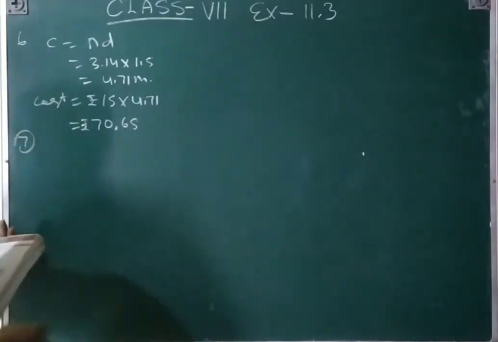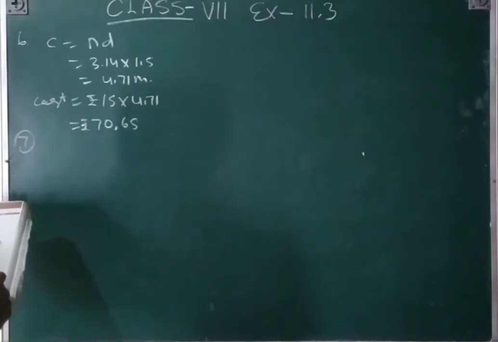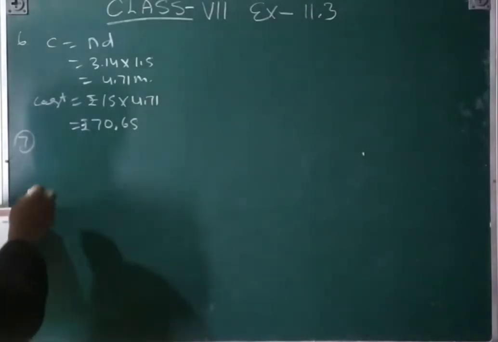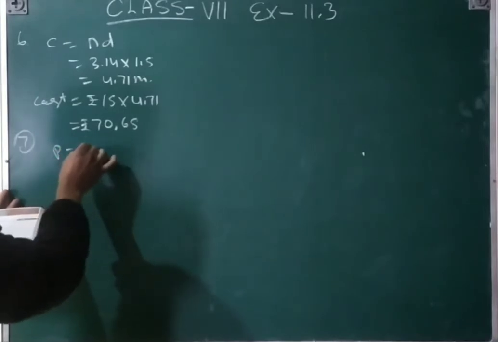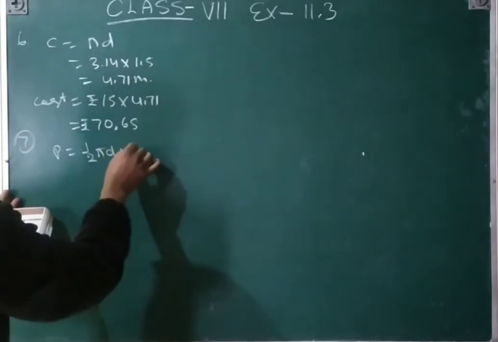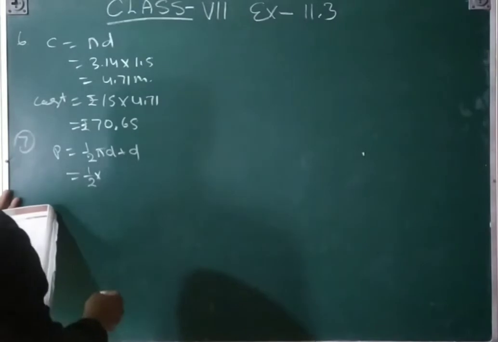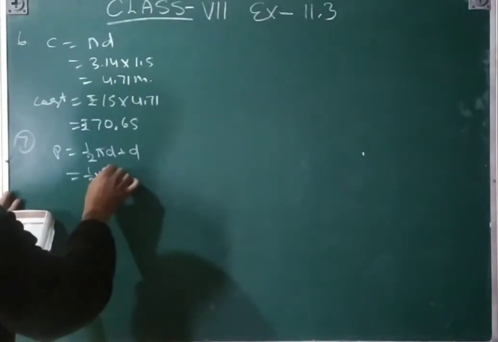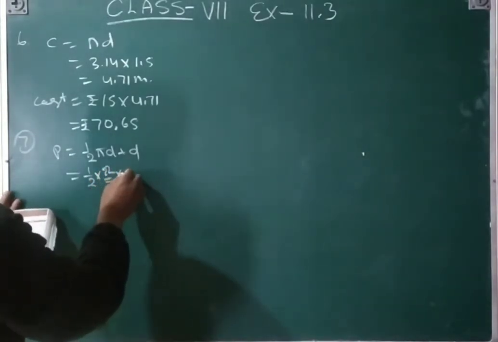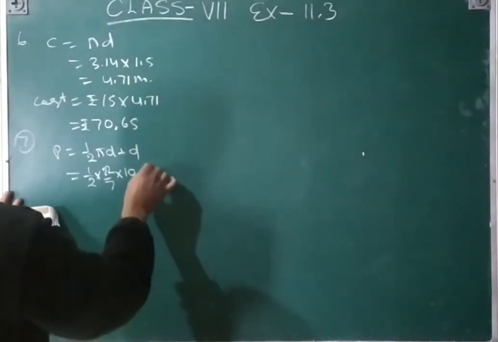Seventh question. Find the perimeter of the adjoining figure. Looking at the figure in your diagram, you will include the diameter also, and then the semicircle. So the perimeter is equal to half pi d plus d. So 1 upon 2 into 22 upon 7 into 10, which is given, plus 10.